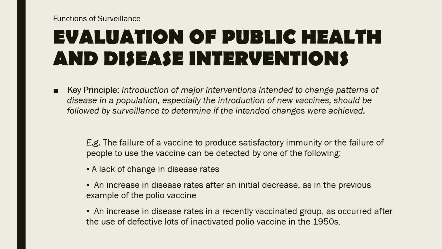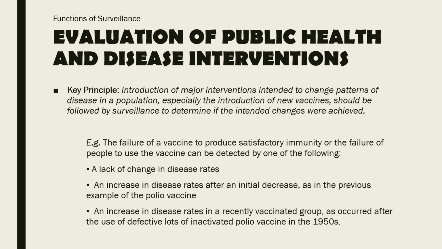The key principle here is the introduction of major interventions intended to change patterns of disease in a population, especially the introduction of new vaccines, should be followed by surveillance to determine if the intended changes were achieved.